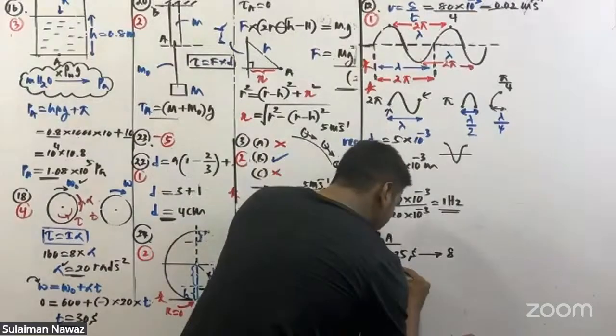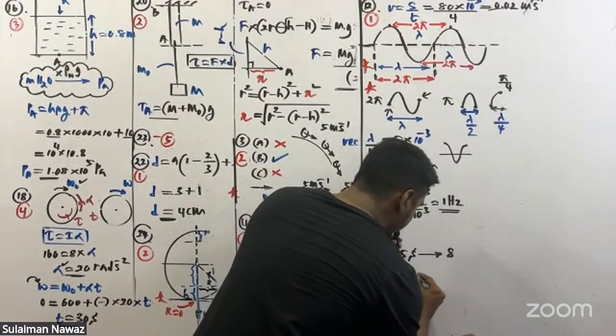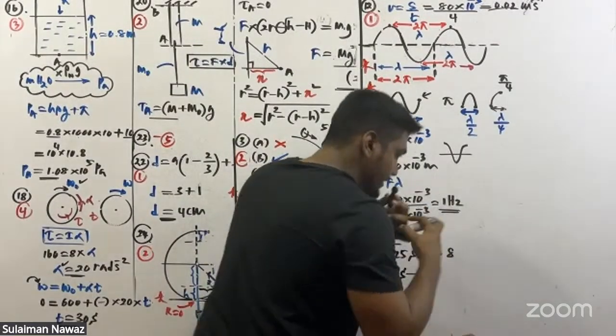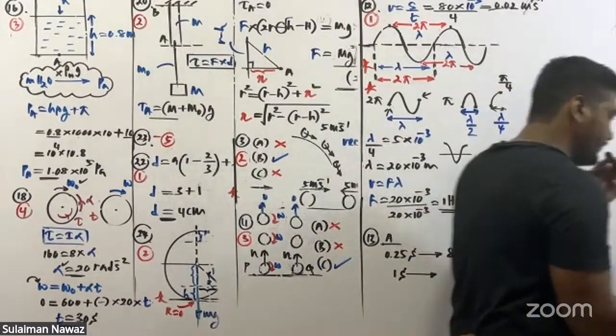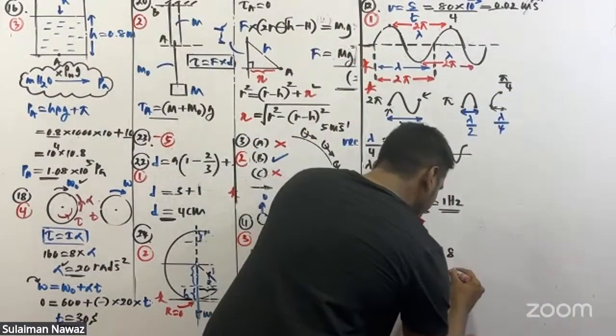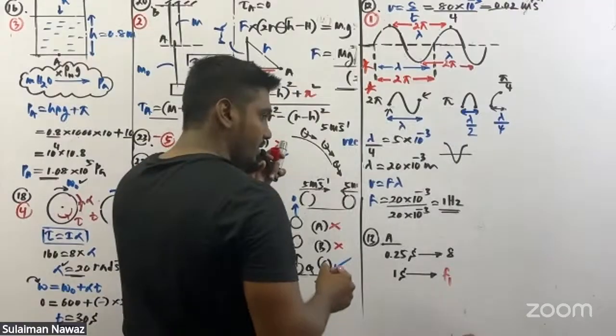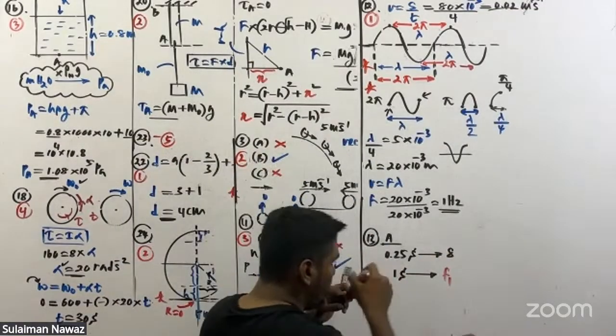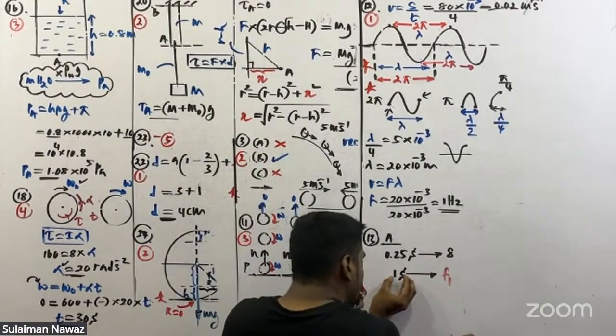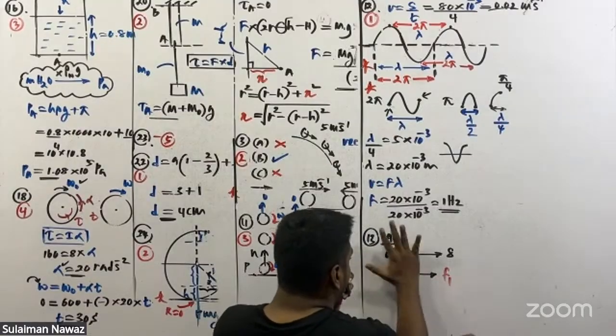When you consider 1 second, the number of cycles happening is the frequency. I mark it as F1. Then you can find the F1 frequency.